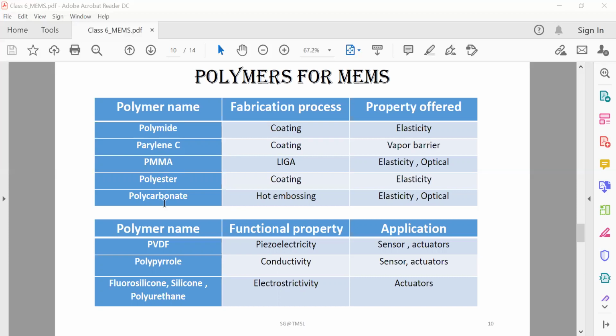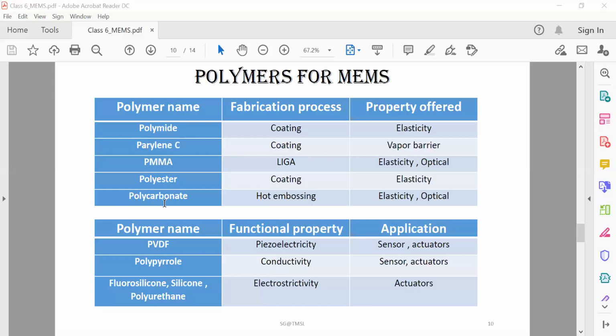PMMA is basically used as photoresist material also. Polymethyl methacrylate.